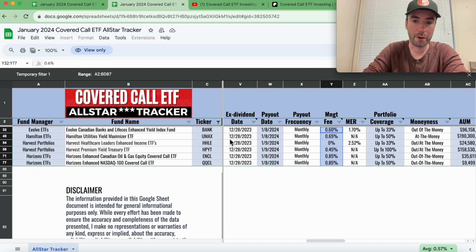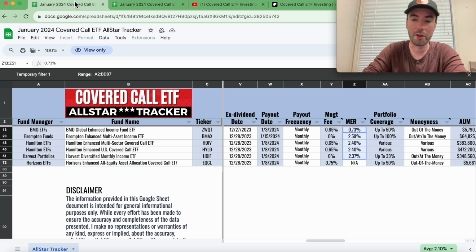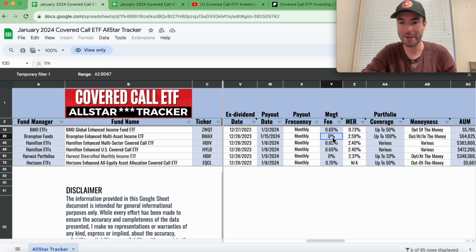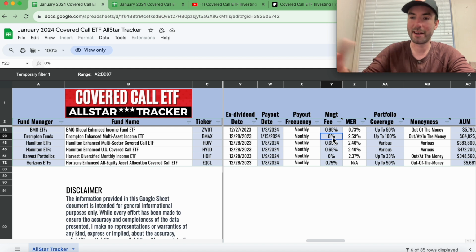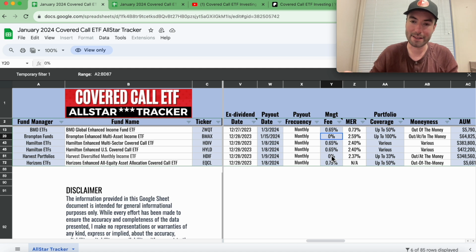What I might do in the future is put in the average management fee here, so you can understand it's not simply 0%. That's obviously not the case. It's just that the underlying ETFs it holds have the management fees, so it would be an average of those fees.